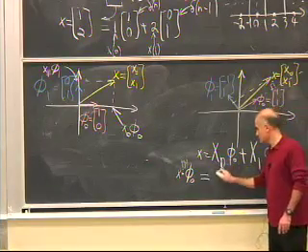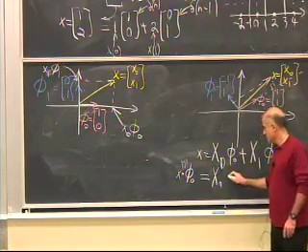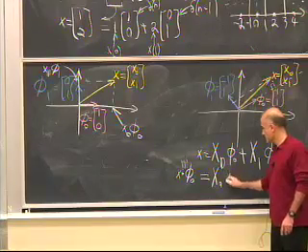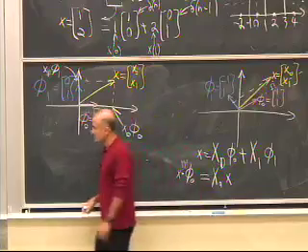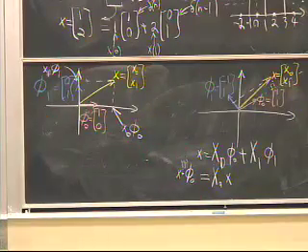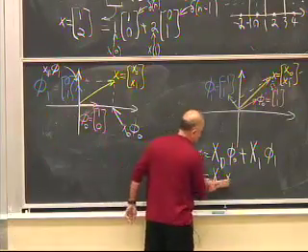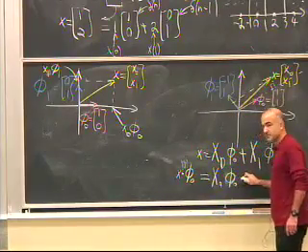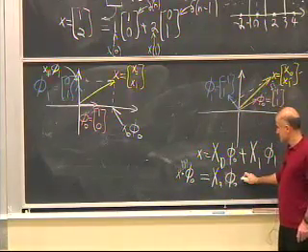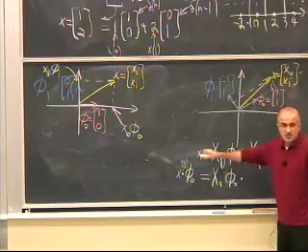X0 is a number. I don't know what it is. And then what? Oh, I'm sorry, phi 0 dot, you've got to take the dot product of each side with phi 0.